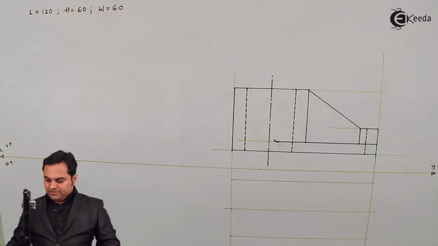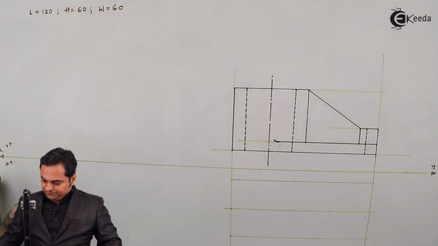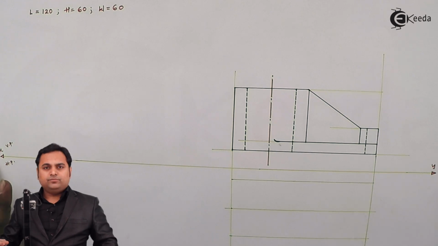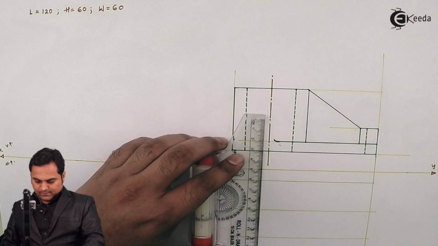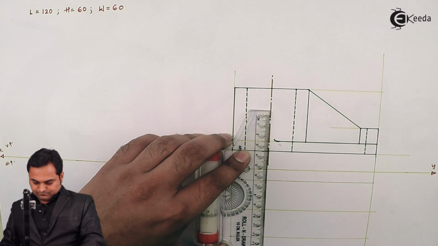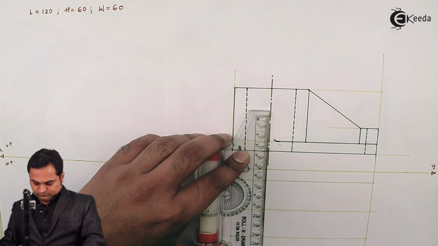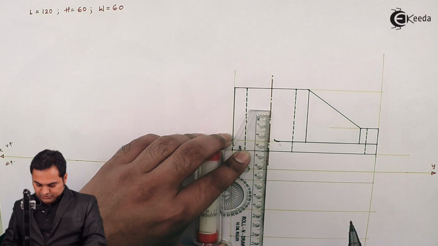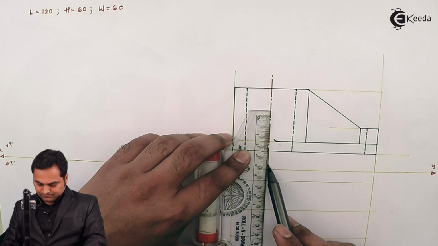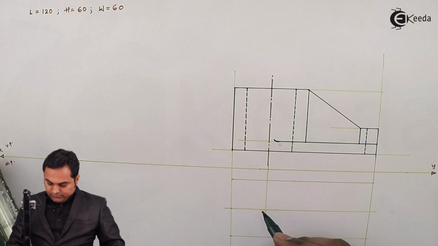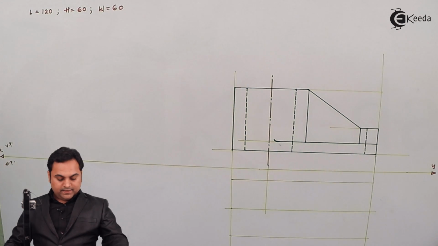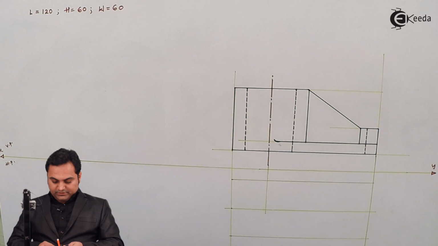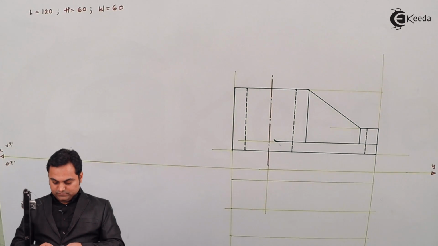So here I'll draw the circle of the cylinder which is visible from the top. So projecting the center line. Now here we get the center of that circle which we are going to draw, and radius we already have.